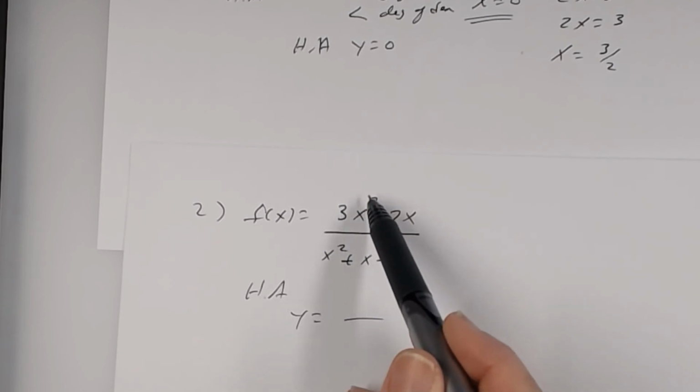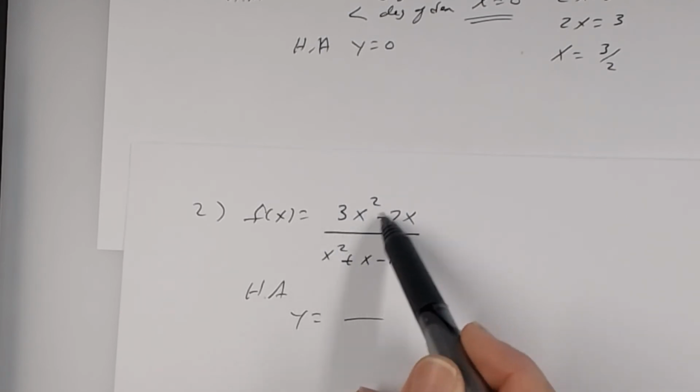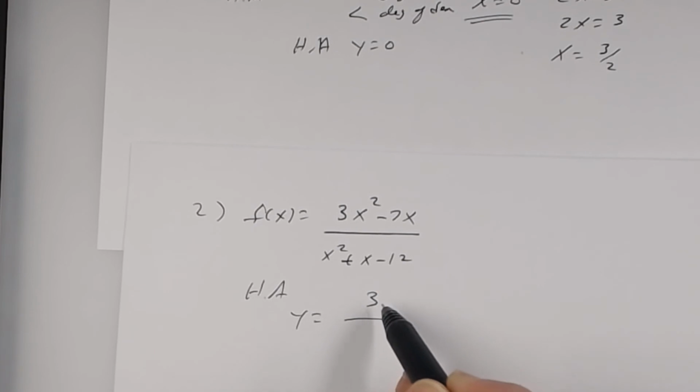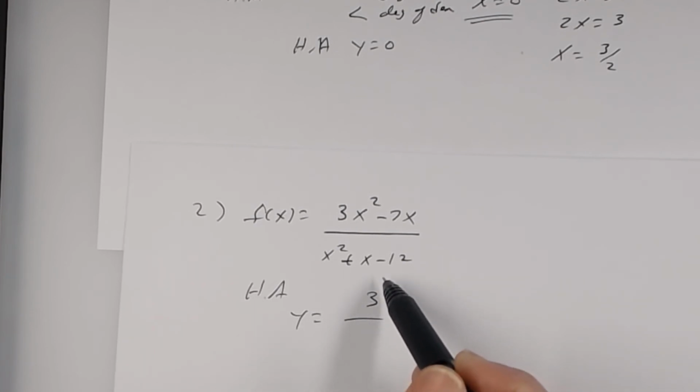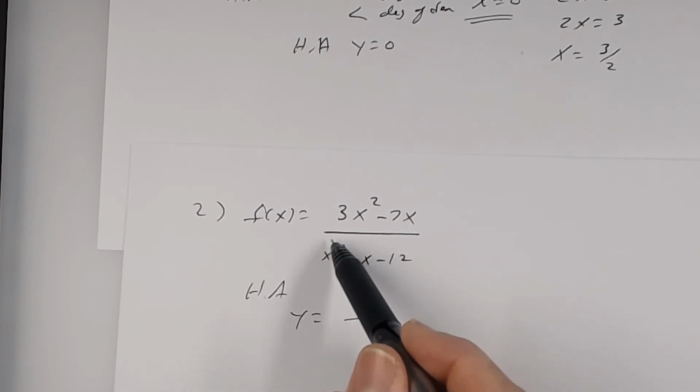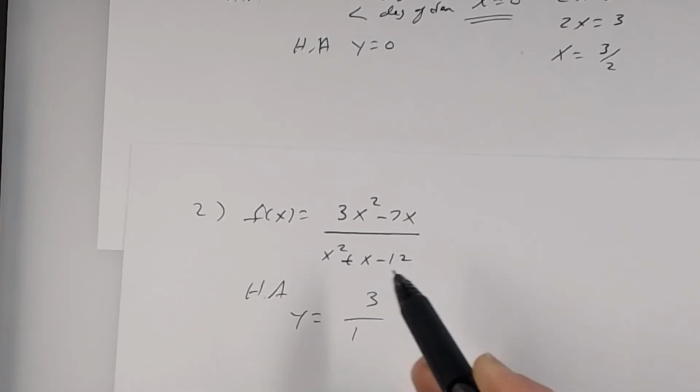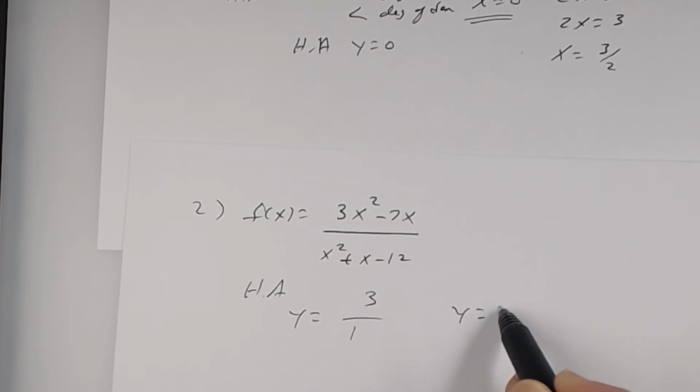No, it's because it's the coefficient of the largest degree term. What is the leading coefficient of the denominator? 1, because that's your largest degree term. So it's 1. So what's my horizontal asymptote? y equal what? 3. That's the easiest to find. Your horizontal asymptotes are usually the easiest to find.